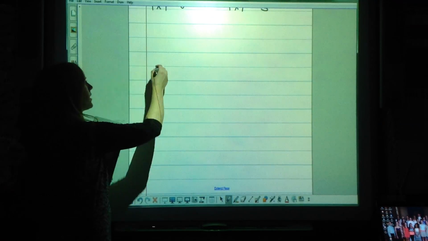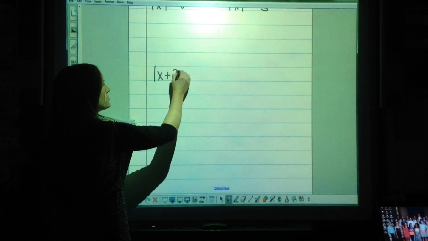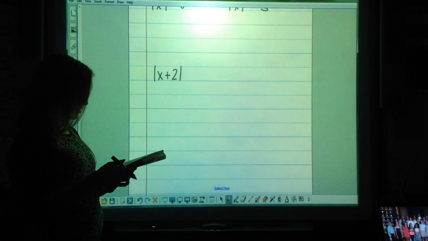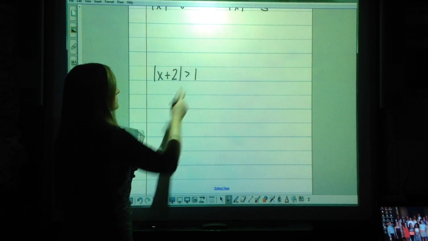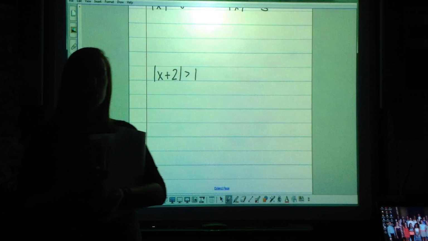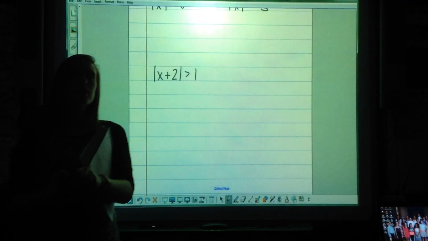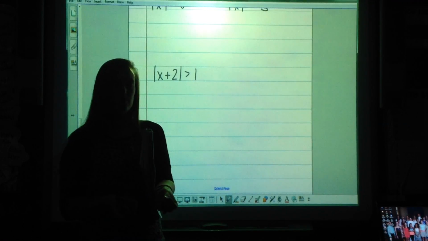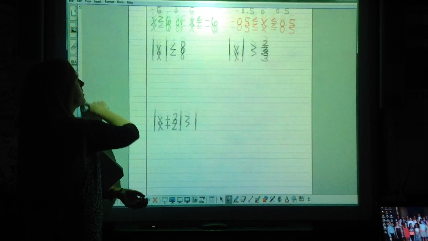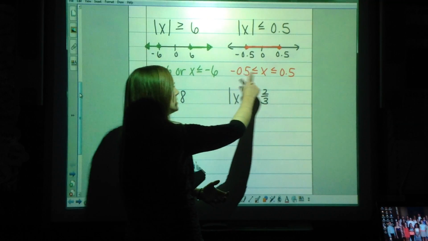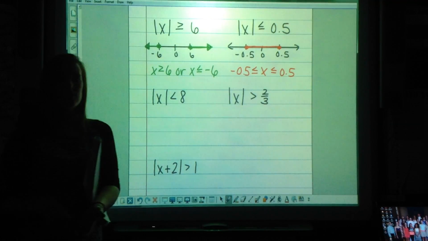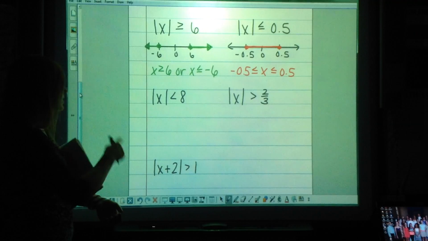We have the absolute value of X plus 2 is greater than 1. Just like absolute value equations, you're going to have two number answers. Realize up here that we had two number answers, and here we have two number answers. Even if it's an or or an and, it's going to have two number answers.